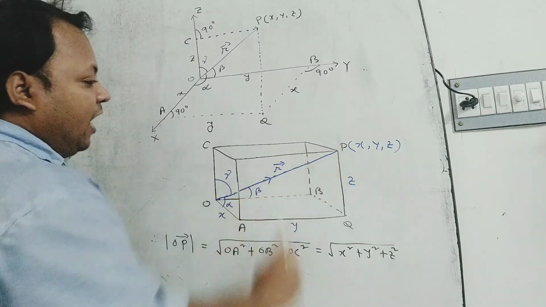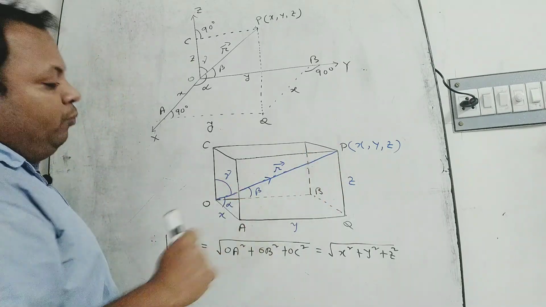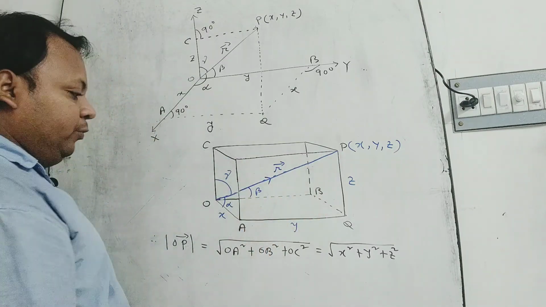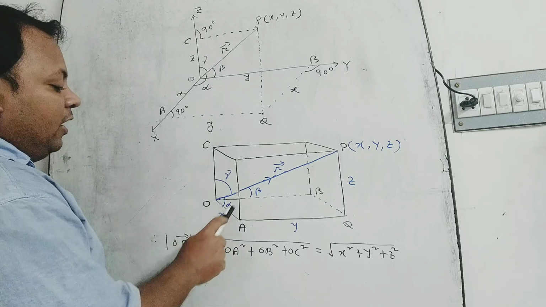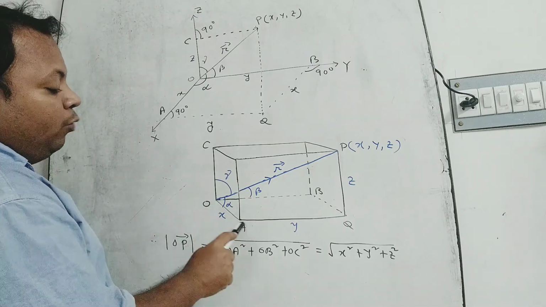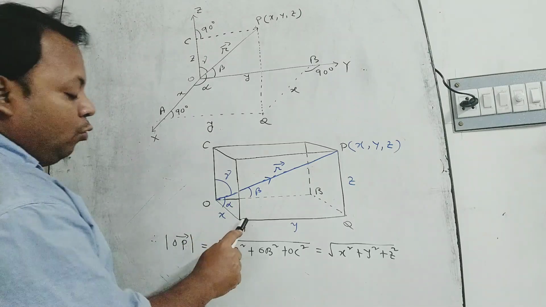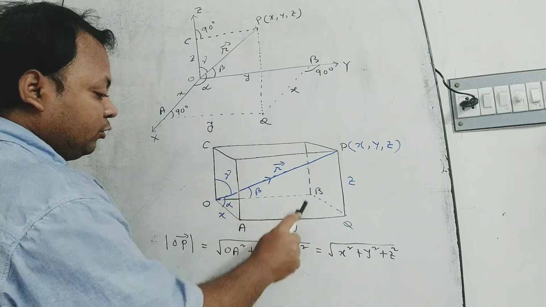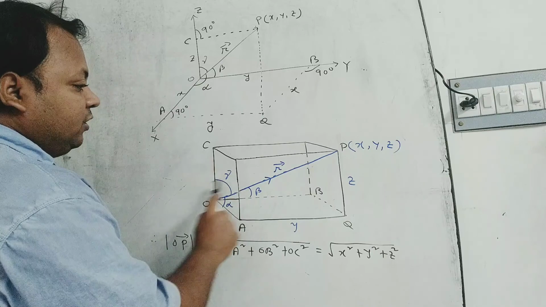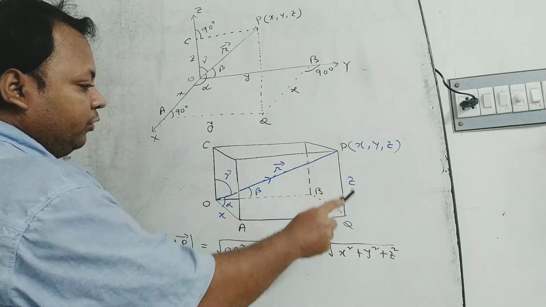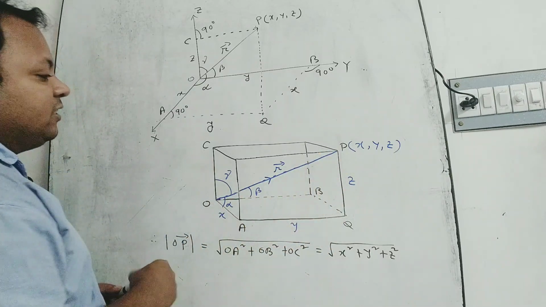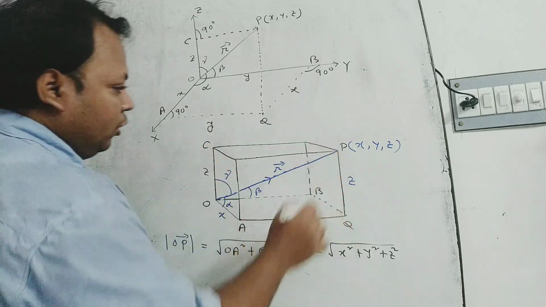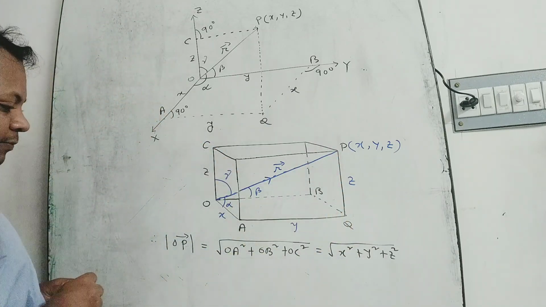OP is the diagonal of the parallelepiped. Here the length of the parallelepiped OA is x, OB is y, and OC is equal to PQ is equal to z, that is height of the parallelepiped is equal to z.